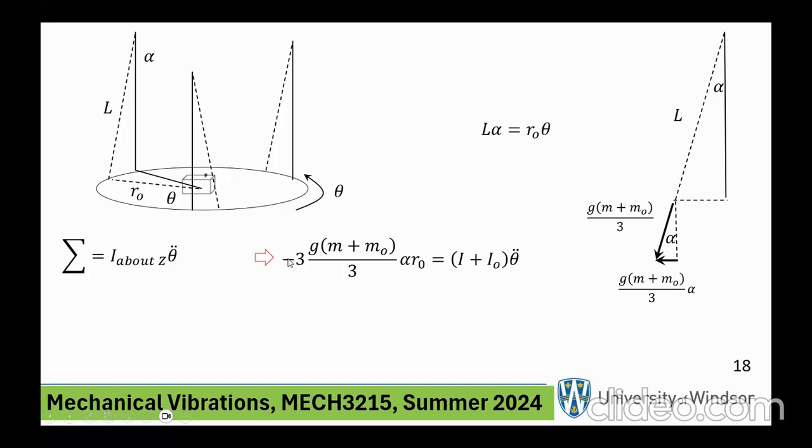And there's 3 of them. So that is the moment, as you're seeing here, equal to I of this whole tray plus the I of the thing sitting in it, I plus I naught, times theta double dot. Okay. Good.